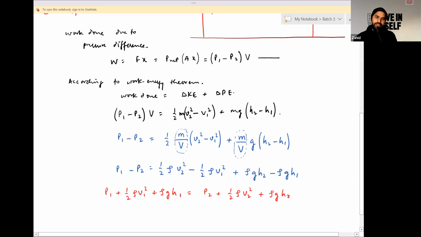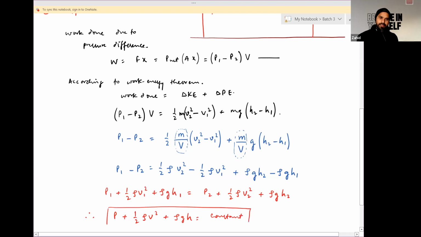Now we have the same quantity on either side and there is only a change in their subscript. Therefore, we can write P plus half rho V square plus rho g h at any instant for the flow of a non-viscous incompressible liquid is constant.